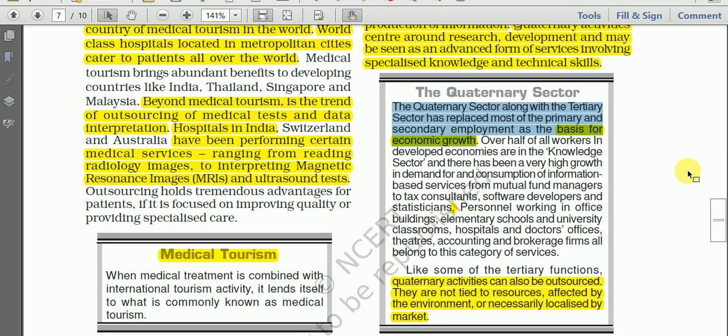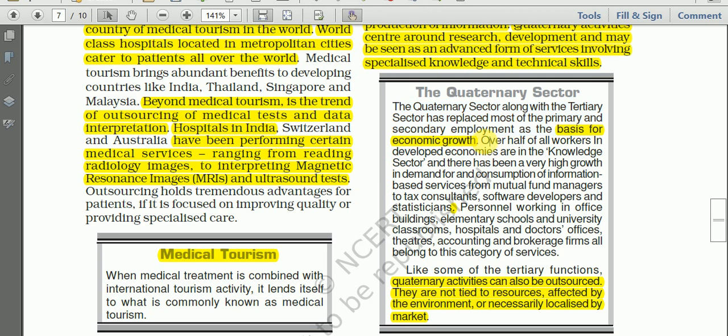So in the present day world, in most of the developed countries, the quaternary sector with the tertiary sector has replaced most of the primary and the secondary employment as the basis of economic growth. This is one important statement telling the significance of quaternary activities.